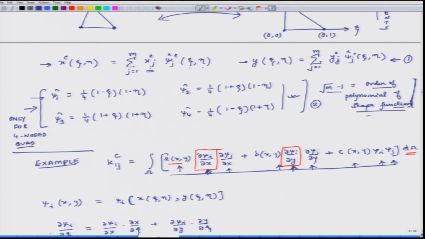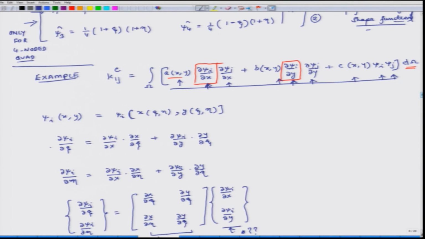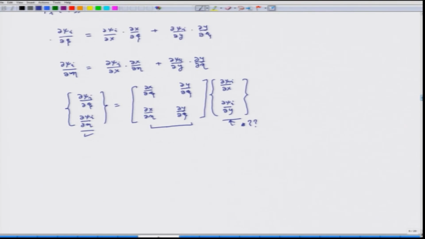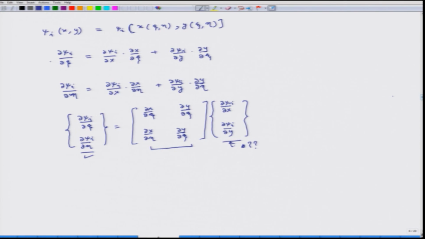So, from equation 1 I can find out del x over del zeta. Why? Because these expressions are given here, right. So, equation 1 helps us compute this matrix, equation 2 helps us compute the left vector. So, then I can calculate this unknown column, understood.